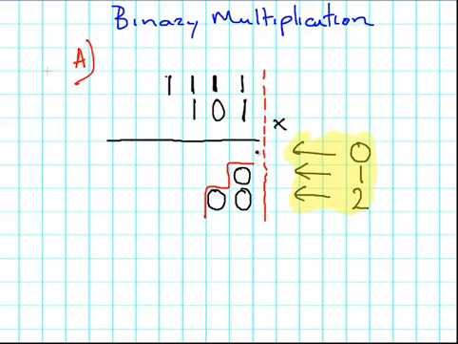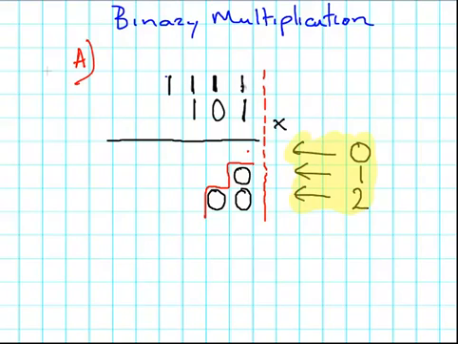So on row 0, none. On row 1, 1 zero, and on row 2, 2 zeros. And they're lined up from the right hand side. Okay, so now we're going to write in the top line there.